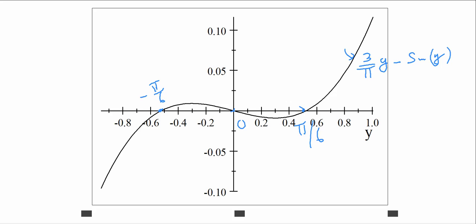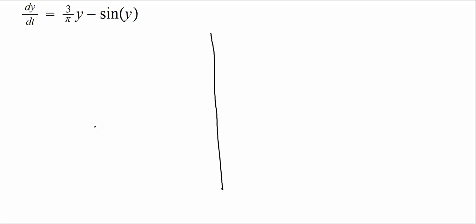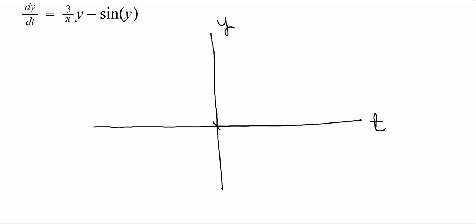Remember our objective: we would like to obtain the solutions of this, writing y as a function of t. What we just saw is that dy/dt is 0 for y equals 0. So one of the solutions is y equals 0, and then dy/dt is 0 at y equals pi over 6 and y equals negative pi over 6.